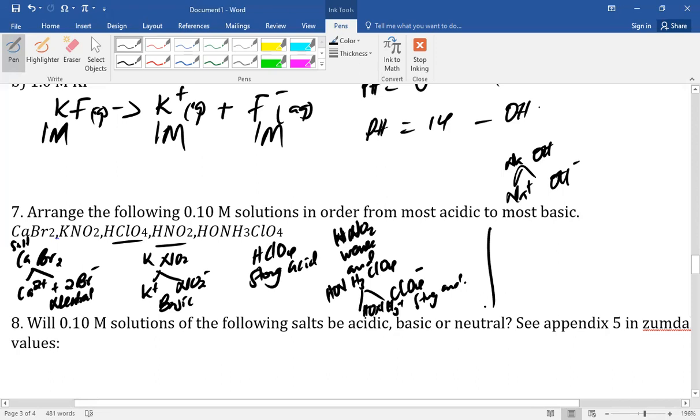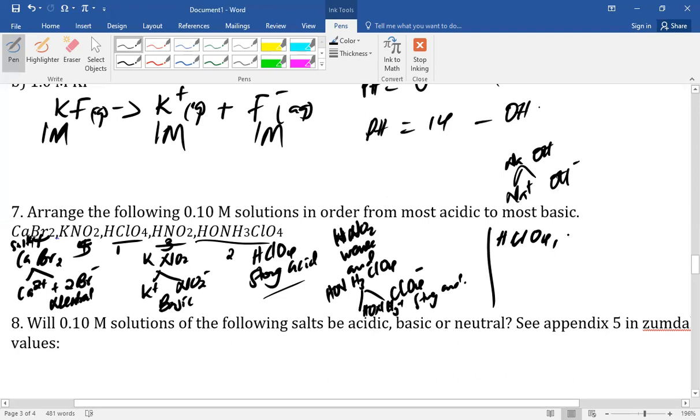Okay, so to arrange these in order from the most acidic to the most basic, we're going to start with the strong acids. Let me just put the numbers. This will be 1, 2, and then 3, which is the weak acid. Then 4 will be this one because it's neutral, and the last one, number 5, is this one because it's a base.